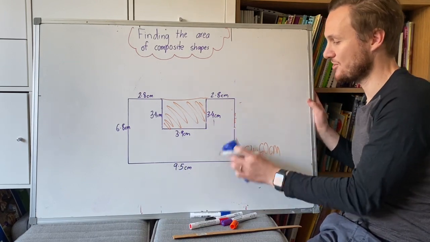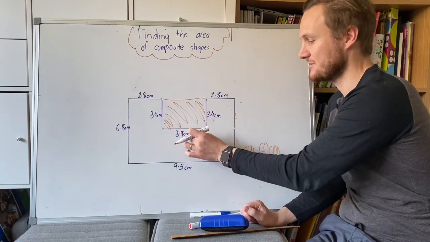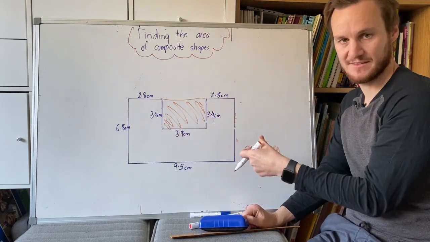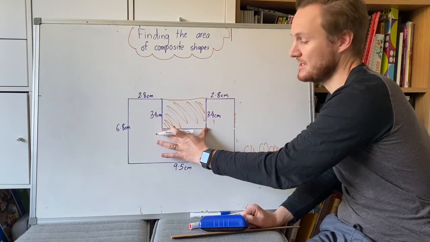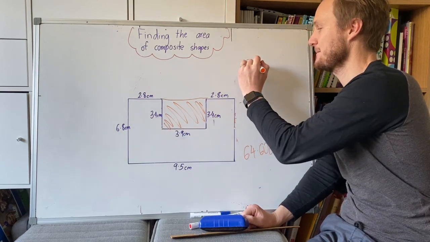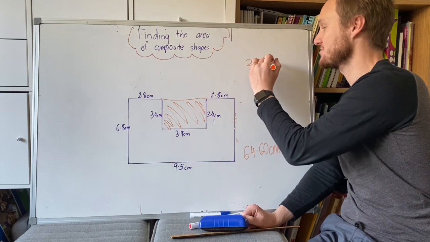Now that I know the whole shape, I'm just going to try to solve this part here and then just take it away at the end. So the width of my shape here is 3.9, and the height of my shape is 3.4.